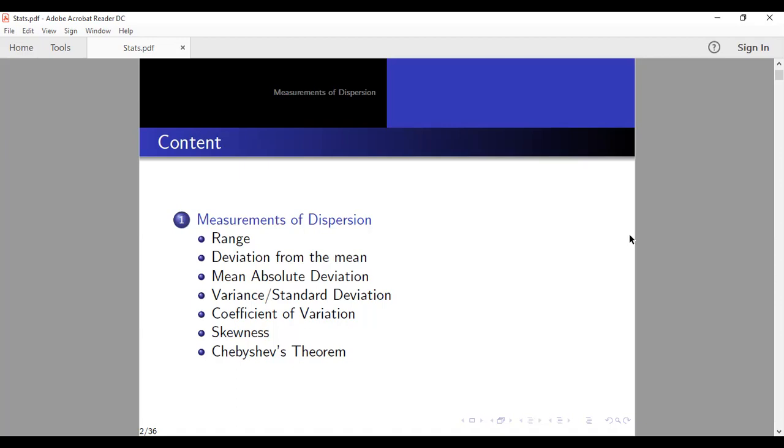Our lecture for today will simply focus on the range, deviation from the mean and mean absolute deviation. This is how far we will go for today. We'll only do range, deviation from the mean and MAD. We will do variance and standard deviation in another lecture.